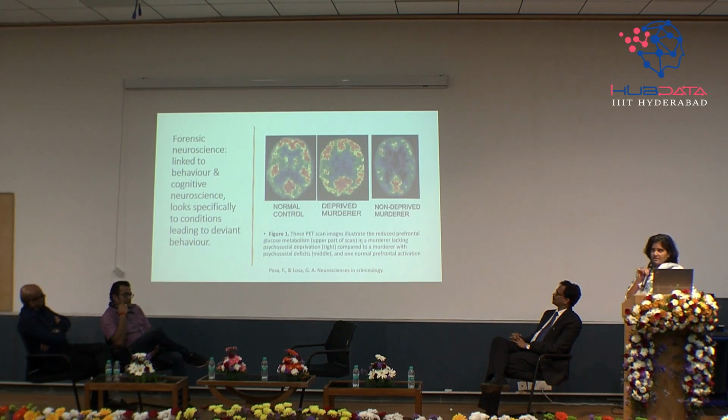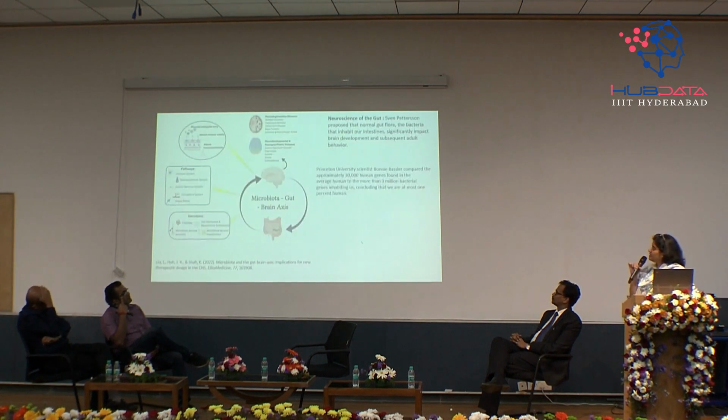In this area people scan and try to understand where exactly deviant behavior starts. People who are serial murderers, rapists, it's interesting to know why they do it and whether there is any difference at the brain level. Not only at the brain level, but related.